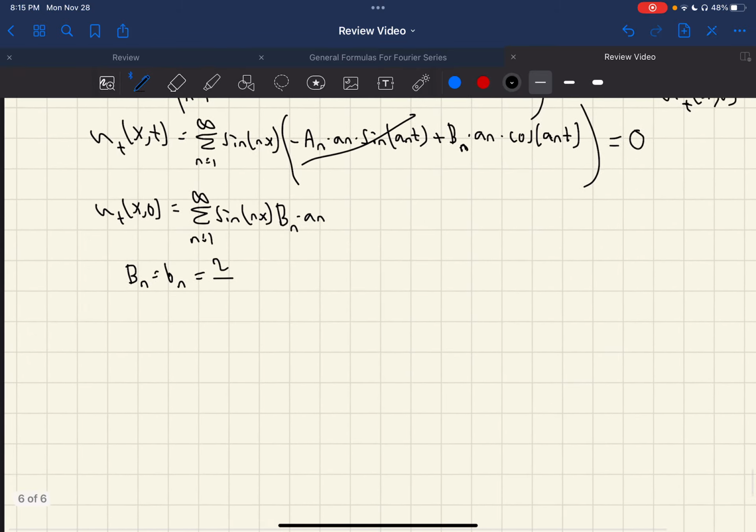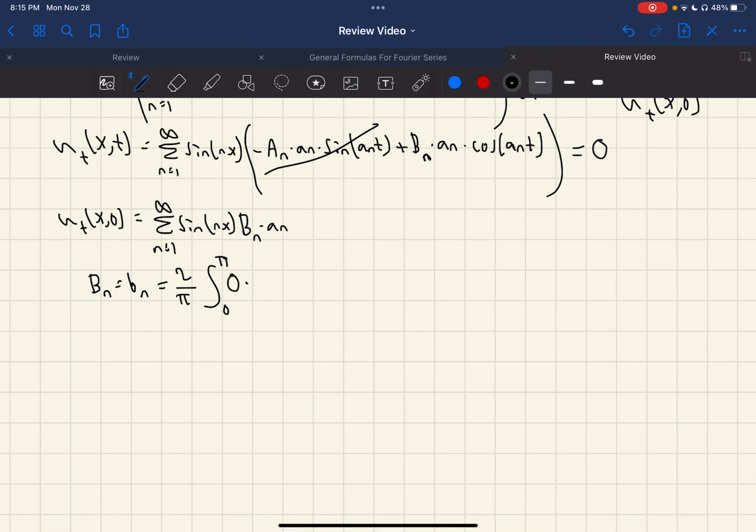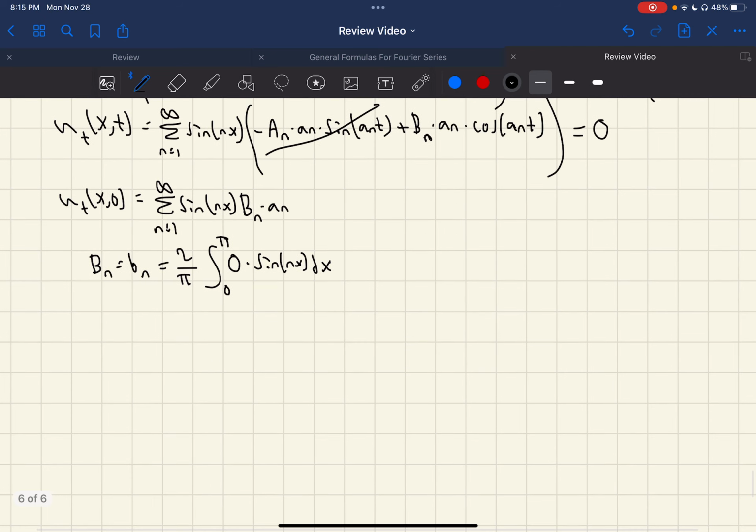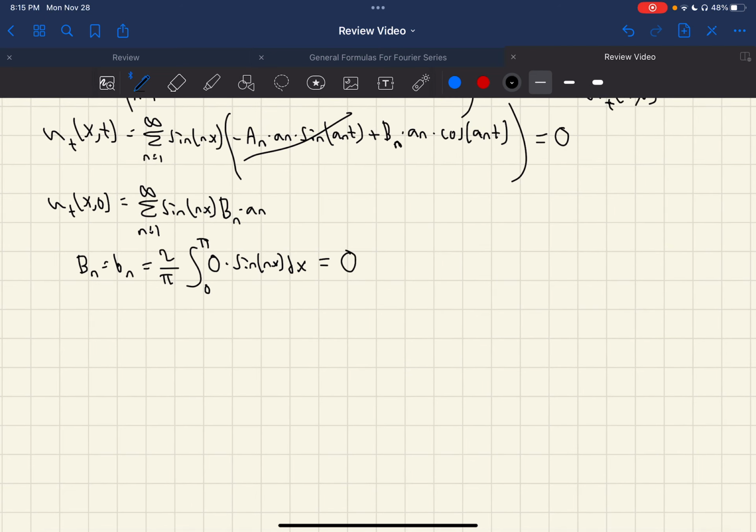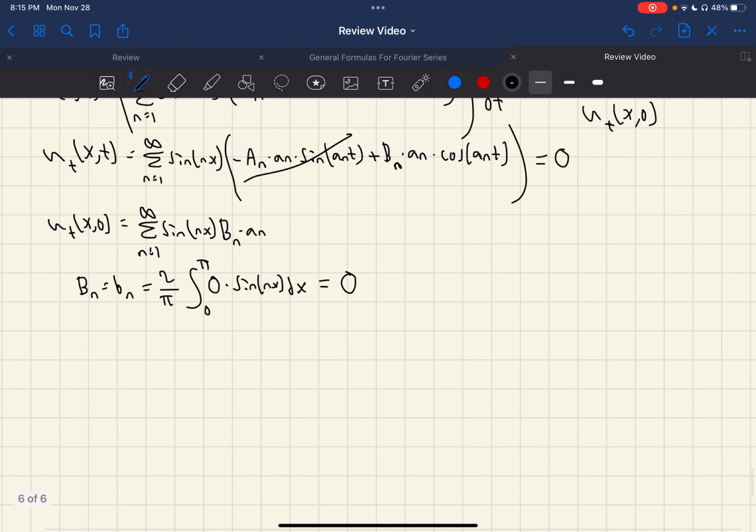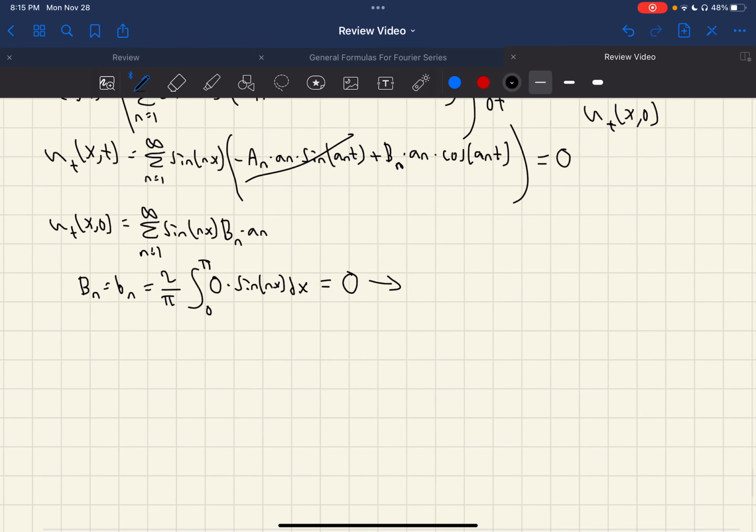That's 2 over pi, integral from 0 to pi, and in this case our initial condition f of x is just 0, times sine of nx dx. And this integral, because it's just 0, becomes 0. So now we have our two coefficients. So b n is equal to 0. I'll highlight that, and I'll highlight this as well.